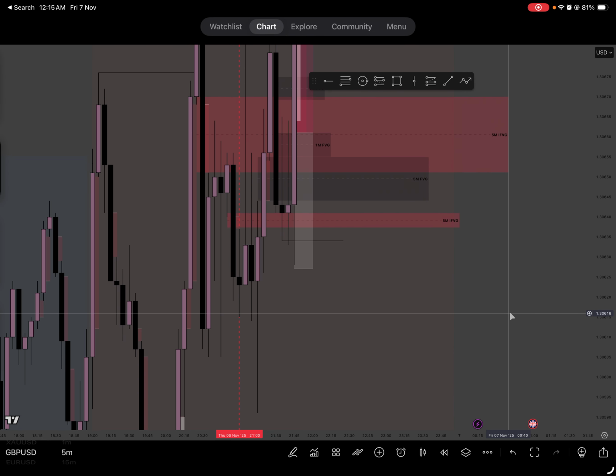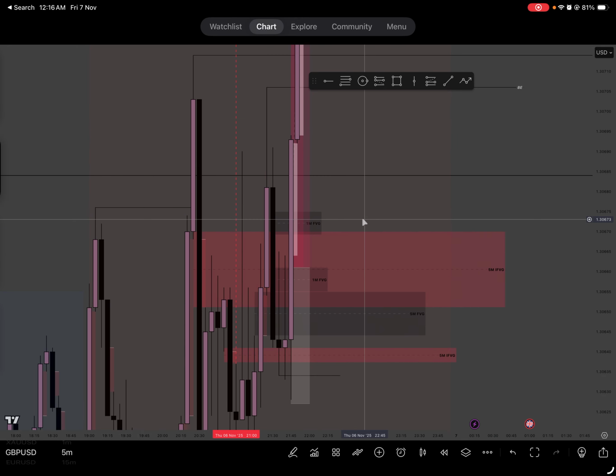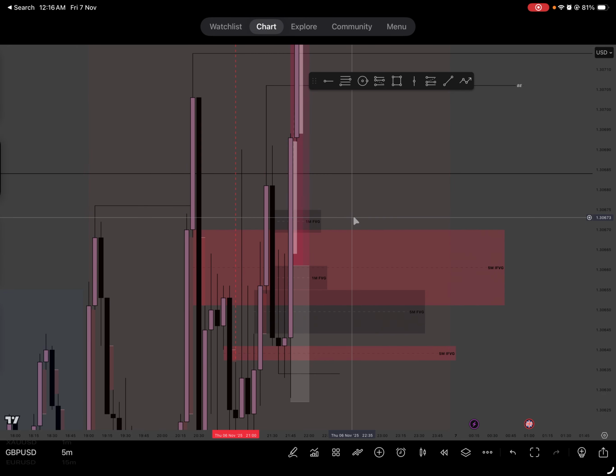what did we create, right? We created this previous 5 minute, which was holding for some sort of resistance. We broke through that resistance and we closed above it.